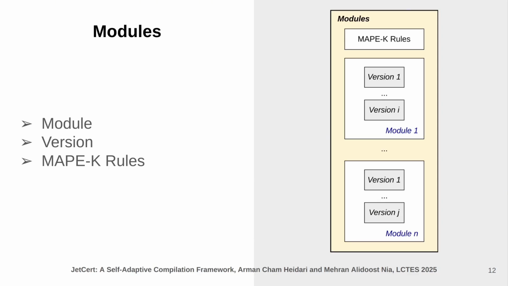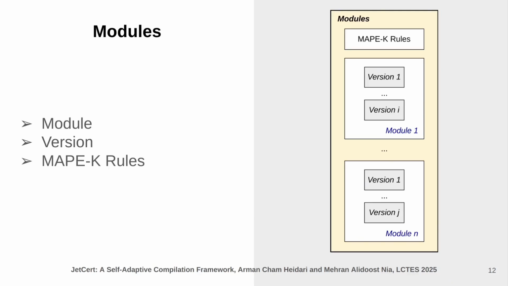Module is a structure in which developers of the embedded application implement each self-adaptive requirement in the form of a module structure. Additionally, developers of safety critical systems define the shift conditions between different versions of each module using the MAPE rules structure, which will be discussed later.